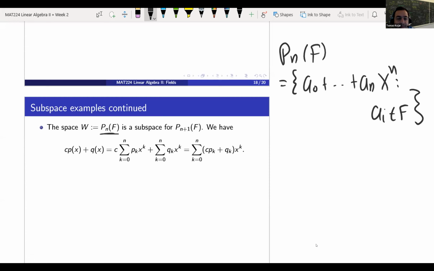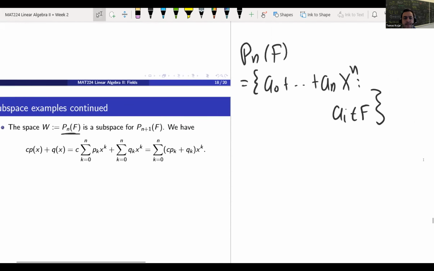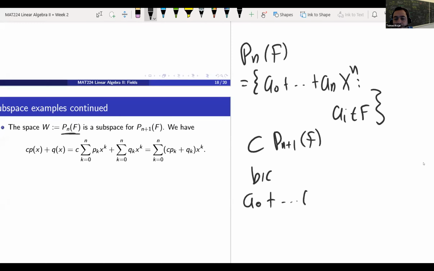So first for subset, since somebody asked, how do you know that it's a subset? This is an example where you have to do something. You can't just write it down. So this is indeed in Pn+1(F) because you give me any polynomial of this form, you can add the 0 element of the field.